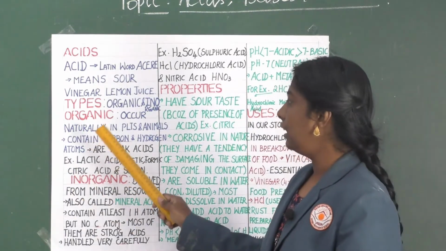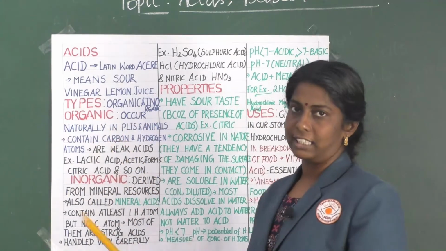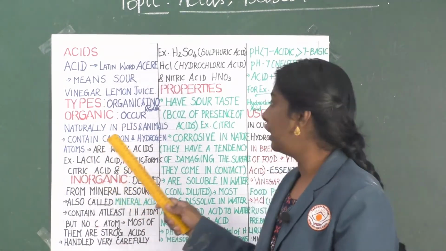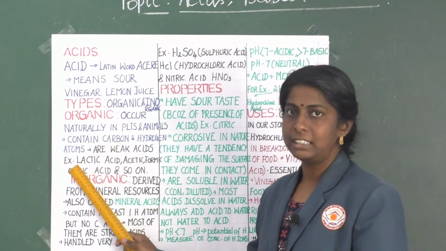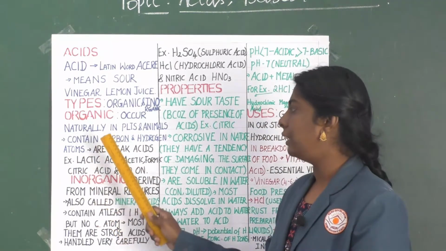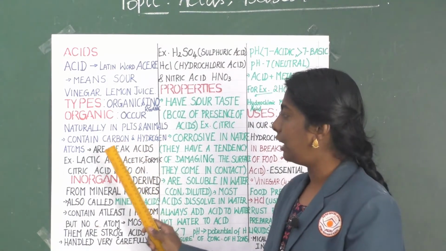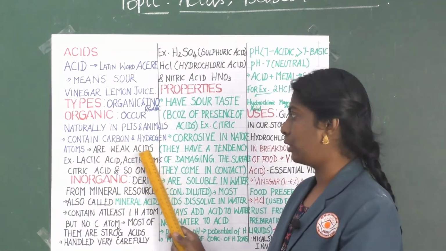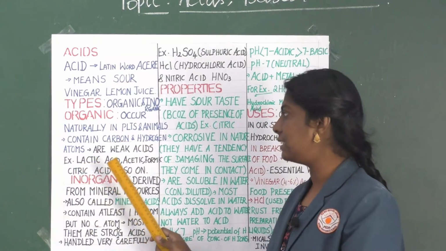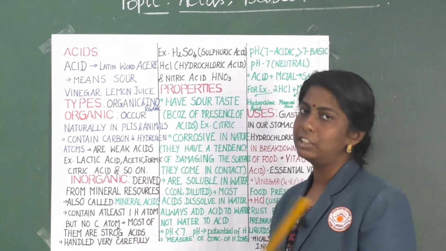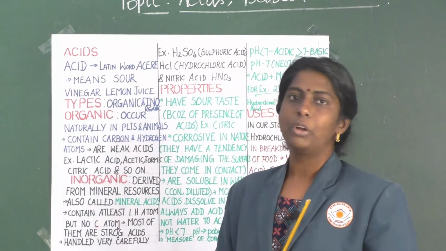They contain carbon and hydrogen atoms. Clear? They are weak acids. For example, lactic acid, acetic acid, formic acid, citric acid, and so on. So this is about organic acids.